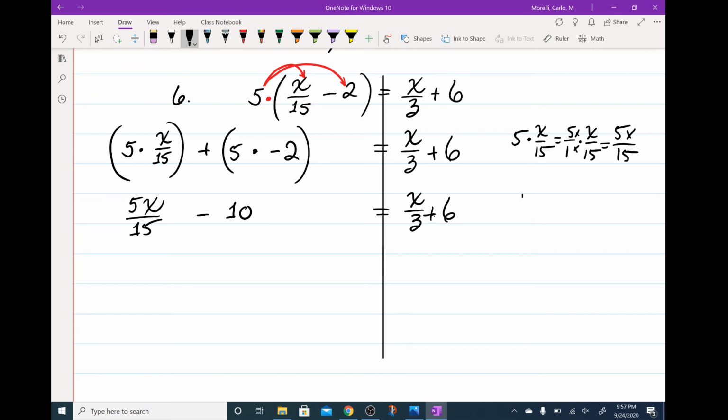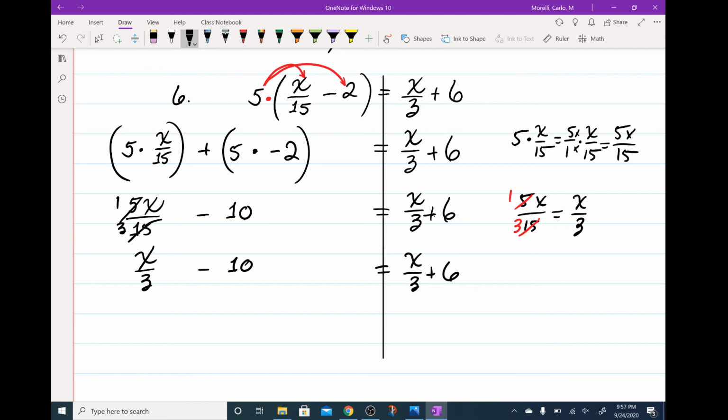Well, take a look at this. We got 5x over 15. I can cancel a 5 out of the top and the bottom, leaving behind a 1 and a 3. So this really equals x over 3. So I'll cancel, and I'll write x over 3 minus 10 equals x over 3 plus 6.